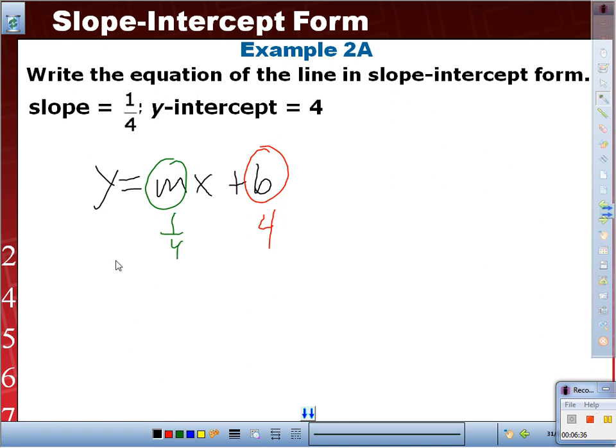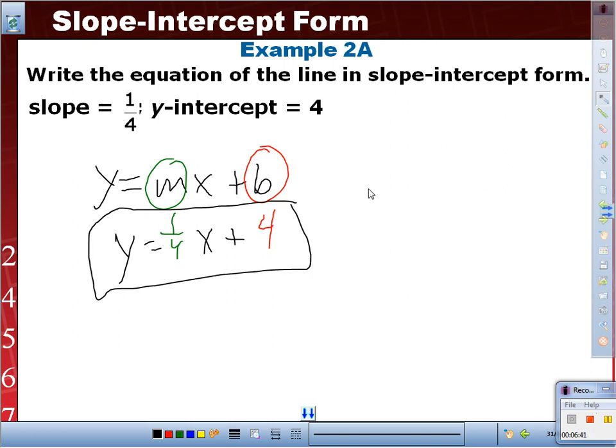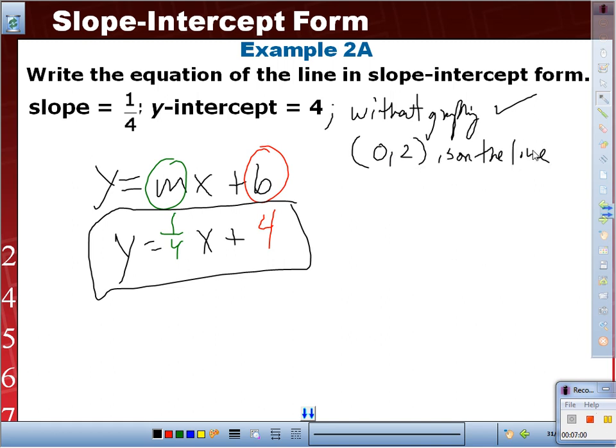We bring everything down, and we're done. Yes? And then from there, I said before you left, what if I was to say, without graphing, check to see if (0, 2) is on the line. Remember that?